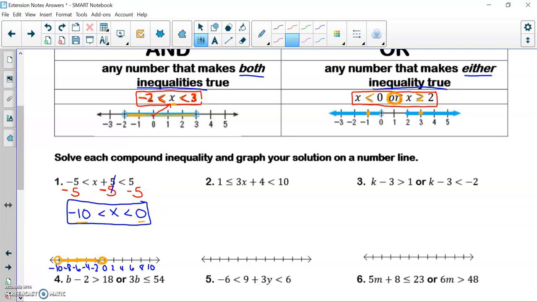Number 2 is also an and inequality because it's in the format of the and inequality, and so I'm going to isolate x by first subtracting 4 from all 3 sides. When I subtract 4 from all 3 sides, I get the following. But then x is still not isolated. I'm going to need to divide by 3 on all 3 sides.